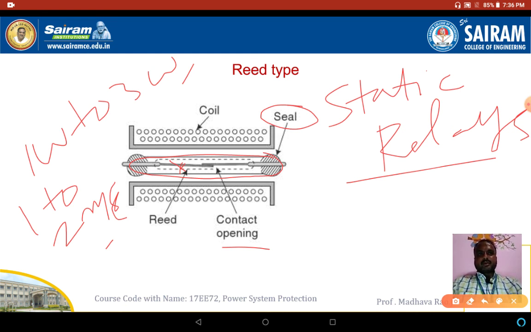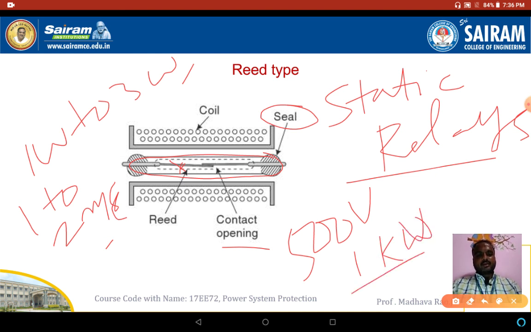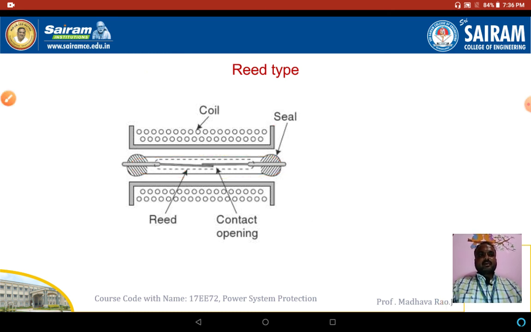For applications in the 500 volts to 1 kilovolt range, these relays are preferable. The voltage withstand capacity of the insulation between the coil and contact is 2 kilovolts. So this is about the reed type relay.